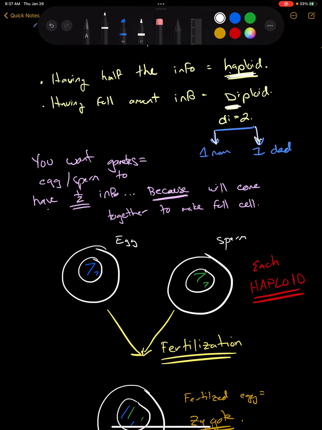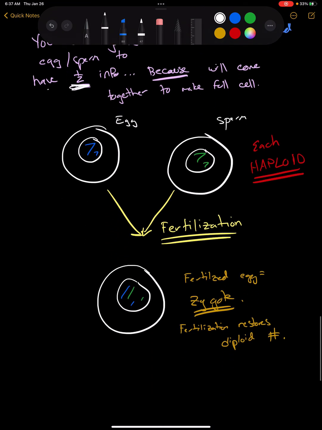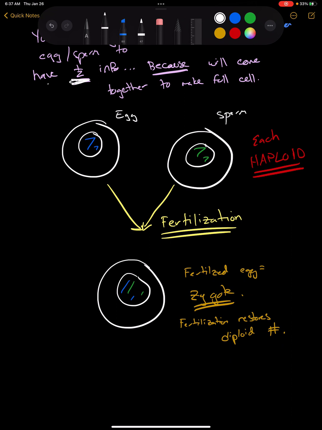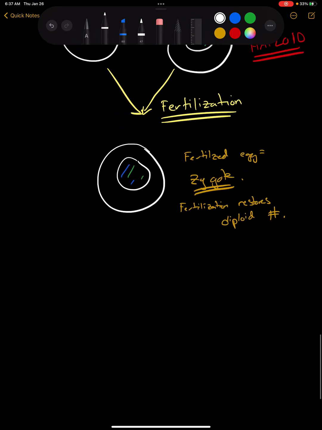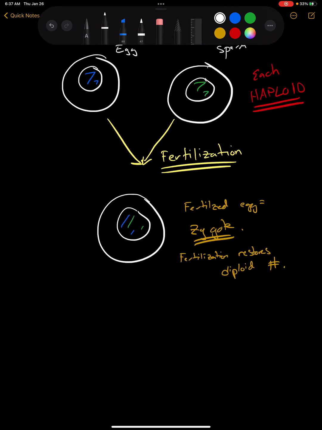Now, you want these egg and sperm to have half the information in them because when they come together, they're going to make a full cell. So here's my egg, right? It has a big stick and a little stick. My sperm has a big stick and a little stick. Those are haploid. And then when fertilization occurs, when they come together, I have a fertilized egg, called a zygote.